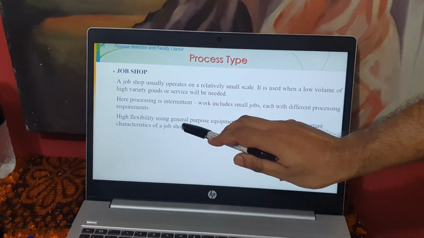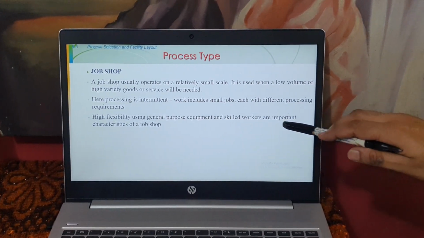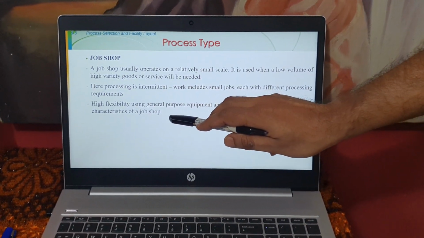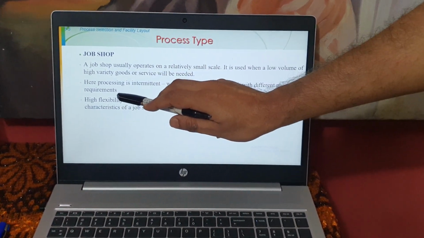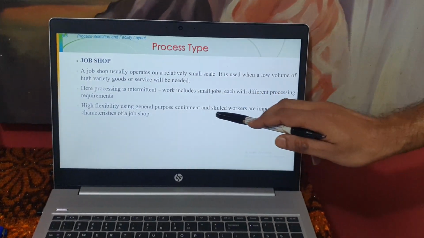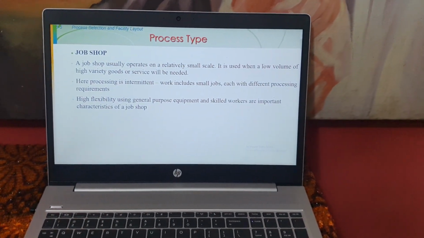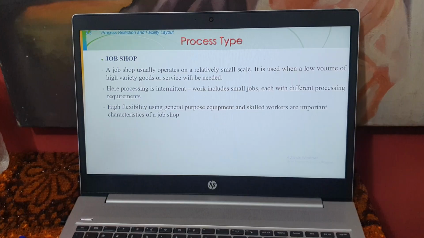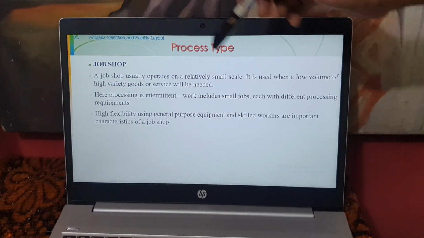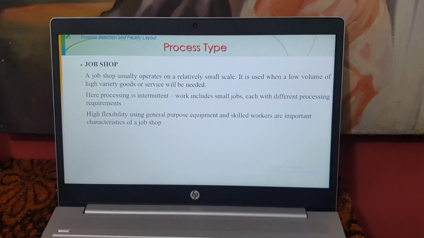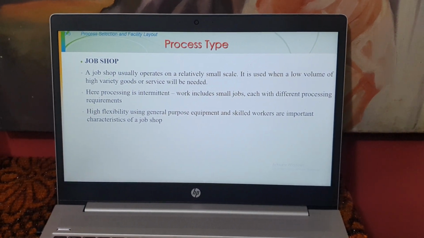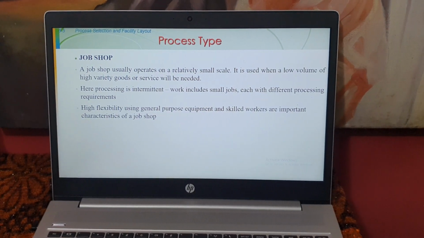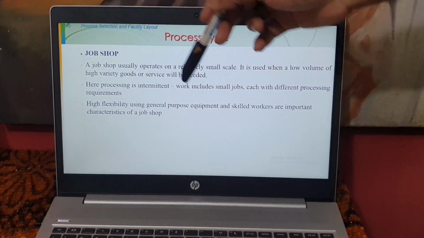Now, the third statement says high flexibility using general purpose equipment and skilled workers are important characteristics of a job shop. That means you require high flexibility, and also skilled workers who can operate this kind of equipment for high variety. So these are the categories for identifying the job shop process, and what type of products is applicable for it.